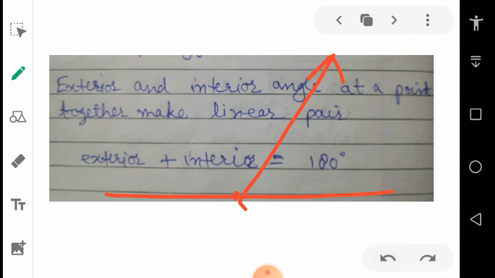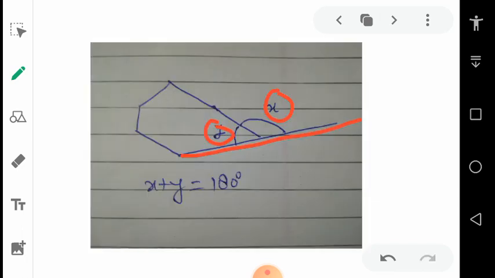Now the same concept can be used in the case of exterior angles. So exterior plus interior angle at a point is 180 degree. In this figure you can see x is the exterior angle, as it is obtained by extending the side, and y is the interior angle at the same point. Then we can say x plus y is 180 degree, and it works for every vertex of the polygon.